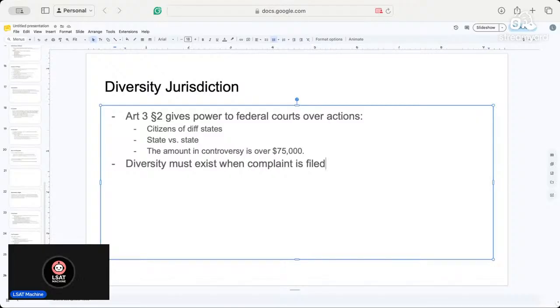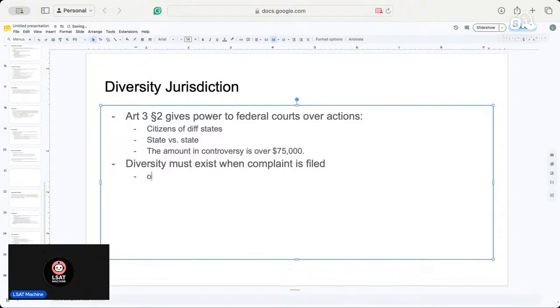Okay. And so there are three cases where you may have plaintiffs and defendants in the same states.